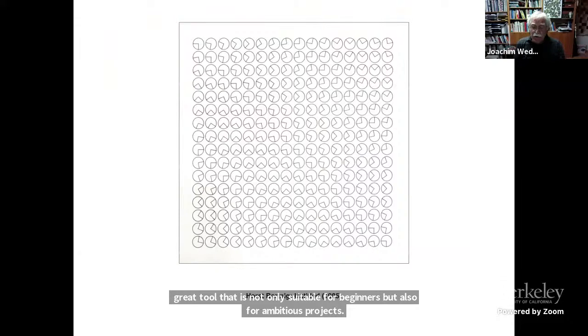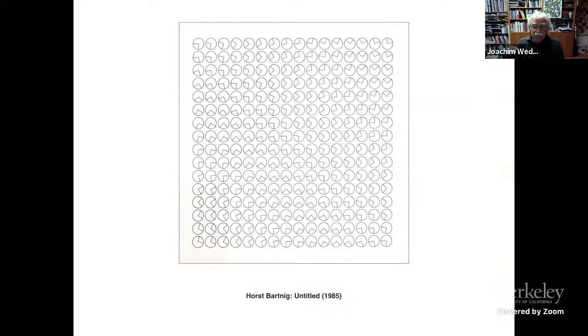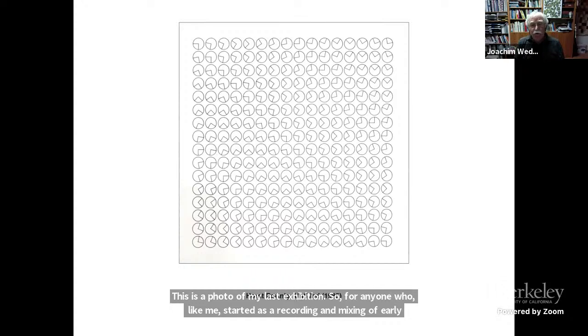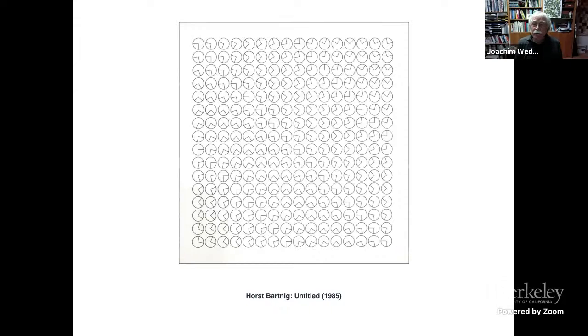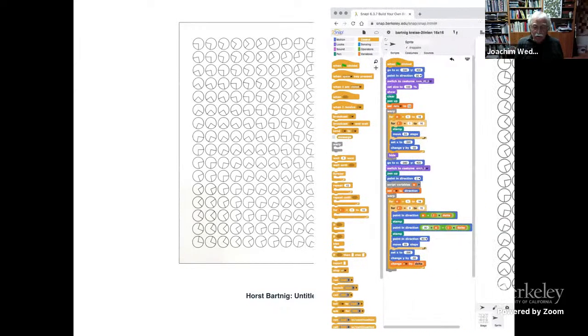Horst Bartnick is a German representative of concrete art. He worked intensively on relationships between simple geometric shapes, and his work with the computer allowed him the experimental implementation of the rules he defined. This example from 1985 combined circles with 2 lines each, and the result almost resembles a wall with world clocks.